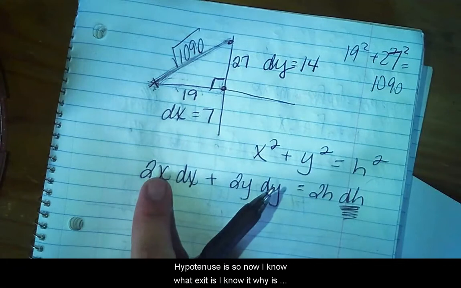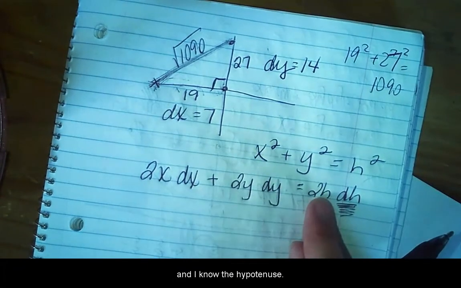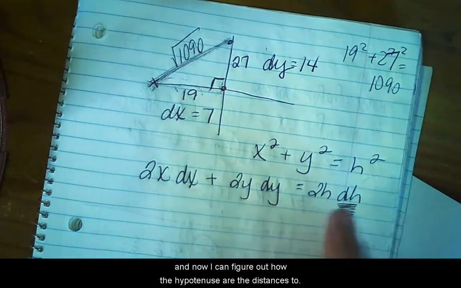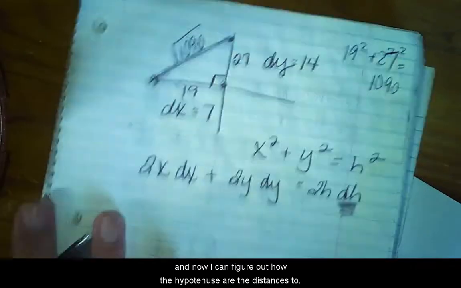So now I know what x is, I know what y is, and I know the hypotenuse. I know how x is changing, I know how y is changing, and now I can figure out how the hypotenuse, or the distance, is changing.